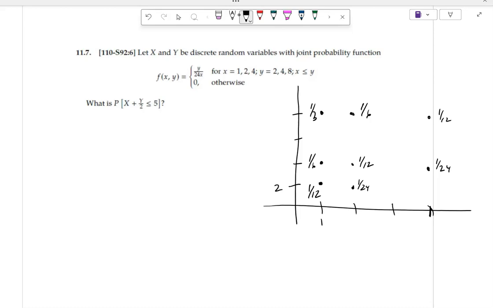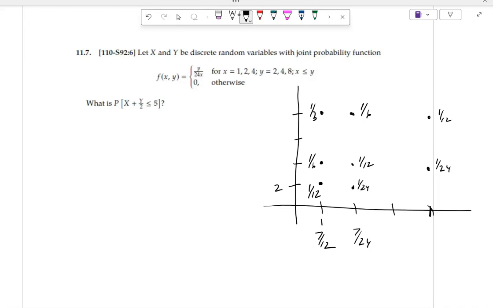To get the marginals, again, we just add down to get the x's and add across to get the y's, right? So for the marginal for the x, we would add down. I've got 4 12ths plus 2 12ths plus 1 12th gives me 7 12ths here. 1/6 plus 1/12 plus 1/24, that's 4 plus 2 plus 1, that's 7 24ths here.